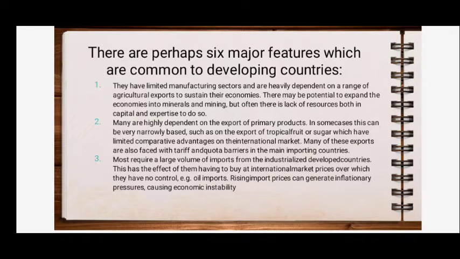Number three, most require a large volume of imports from the industrial developed countries. This has the effect of them having to buy at international market prices over which they have no control. Example, oil imports. Rising import prices can generate inflationary pressure, causing economic instability.